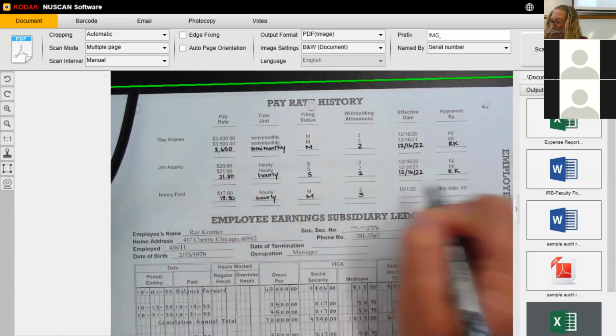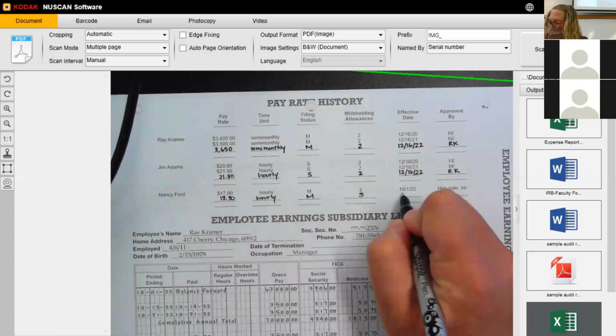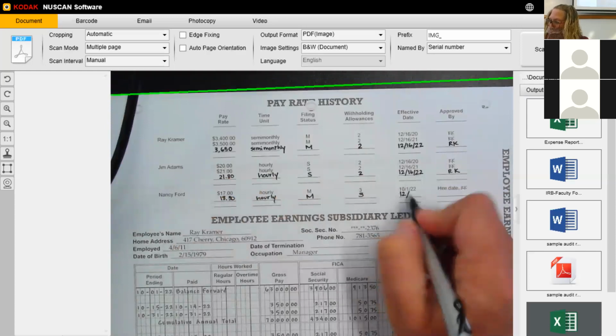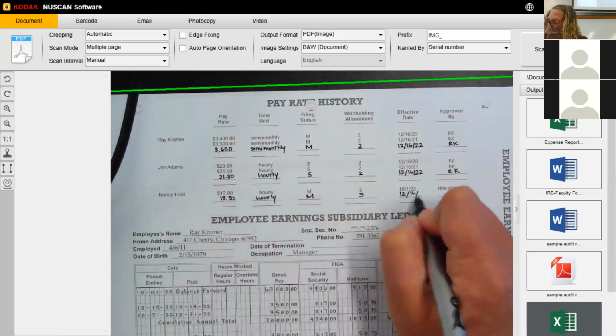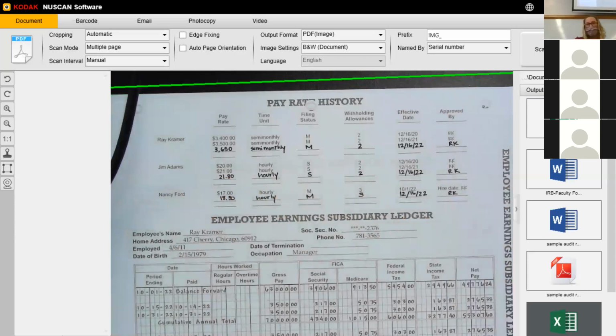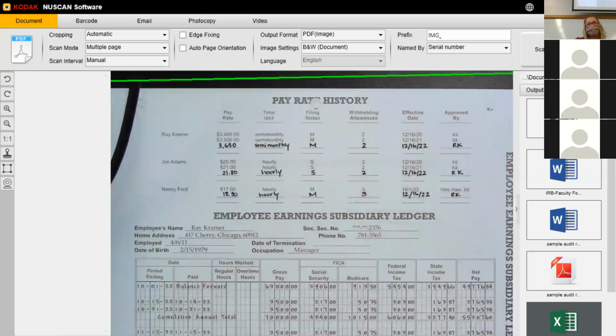Married with 3 withholding allowances, and her, not bad. Any questions about that?